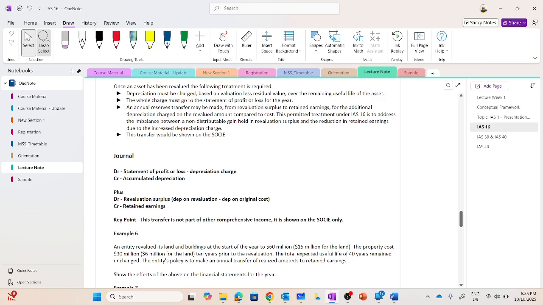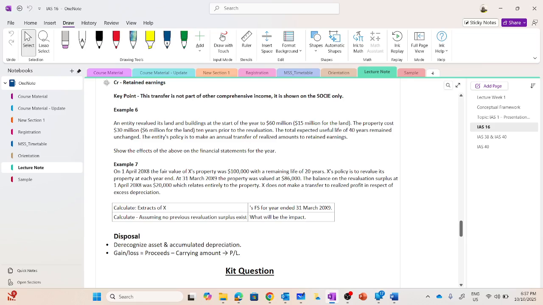So now, let's take a look at an example, so we are able to understand better. So now, example 6.